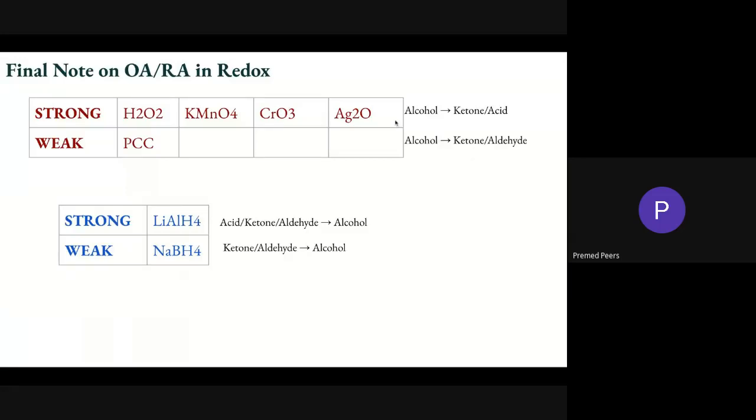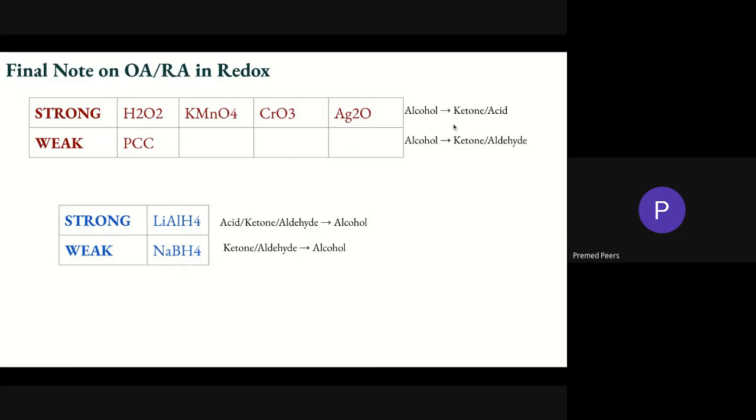And here is one of the ways to generate that oxidation or reduction. All the ones that are above are for oxidation purposes. All the ones that are below are highlighted as reducing purposes. However, depending on their strength, they will reach a different endpoint.